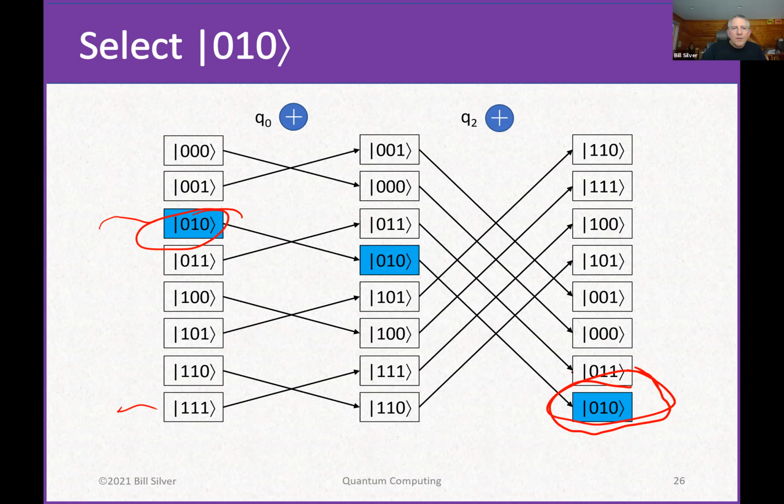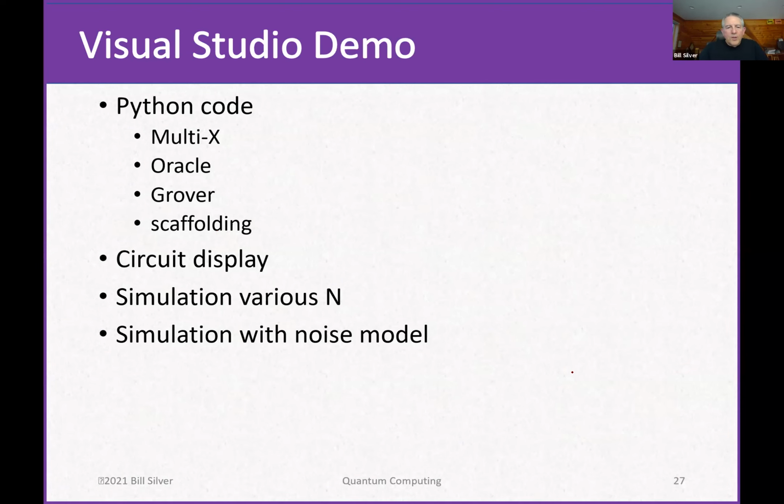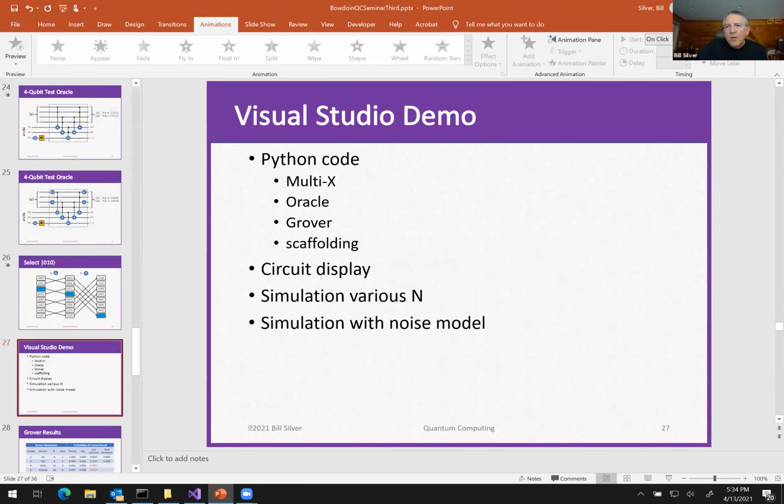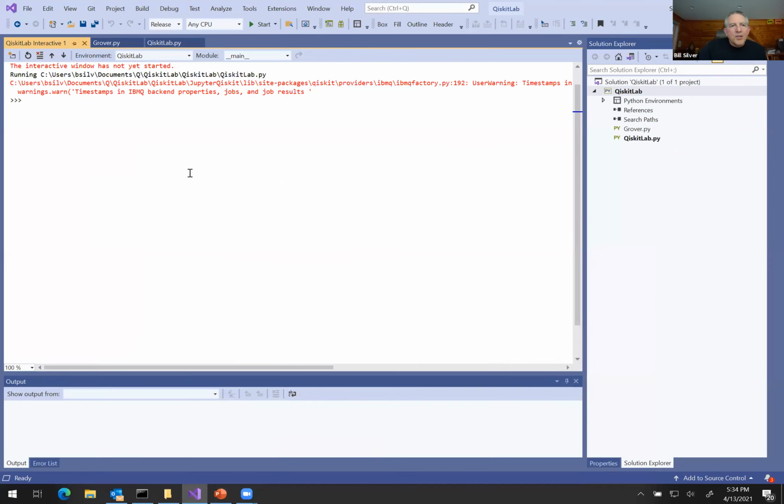All right, so what I want to do now is switch to an actual implementation of this. Let me just stop for a second here. Anybody have any thoughts or questions on what we've seen so far? We've got a circuit that can make a test oracle.